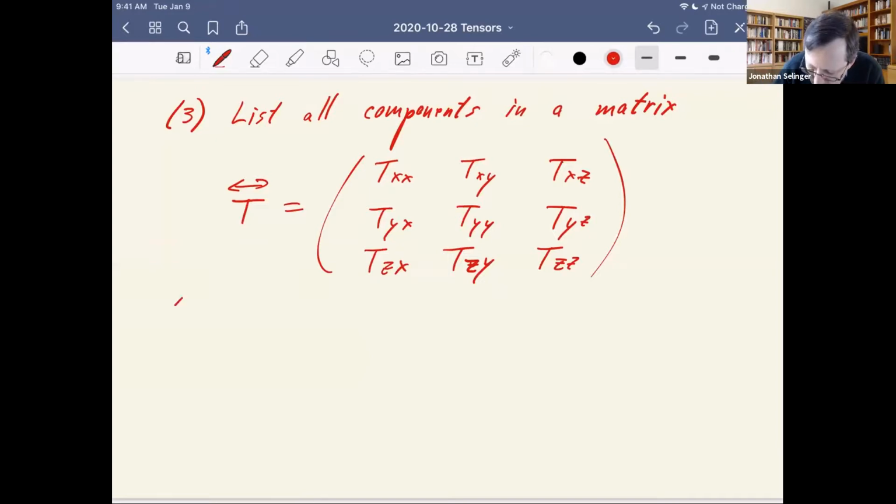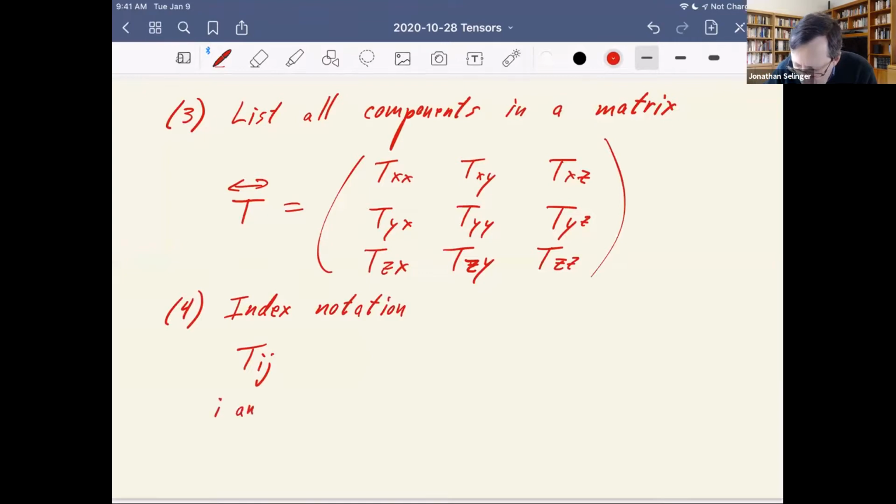Or a fourth possibility is this index notation. That is, you can write Tij, where i and j are both indices.